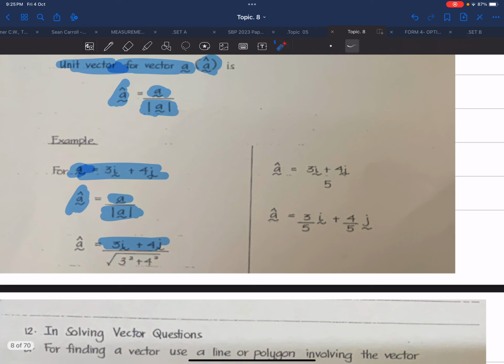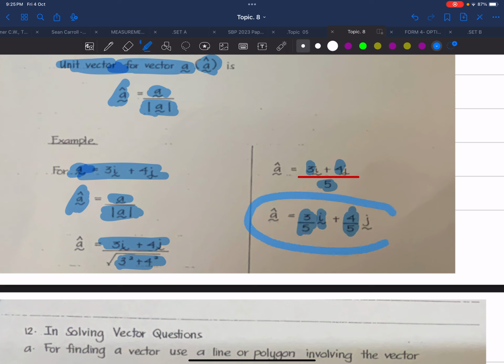Just now we learned already. It is the square root of 3 squared plus 4 squared. Of course, 3 squared plus 4 squared, square root, you are going to get 5, Pythagoras theorem. And then we break this up. So now this is 3 over 5 i plus 4 over 5 j. This is our unit vector for vector A.